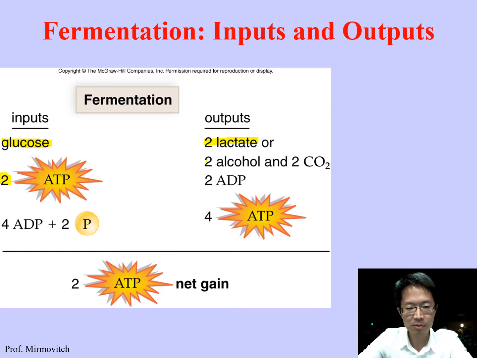For yeast or plant, you get 2 alcohol and 2 carbon dioxide. Then you make 4 ATP, so 4 minus 2, you get 2 ATP as the net gain. So fermentation is very similar to glycolysis in this way.